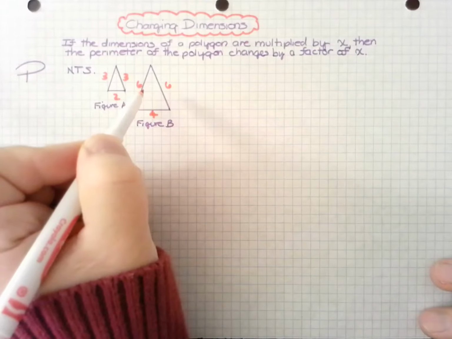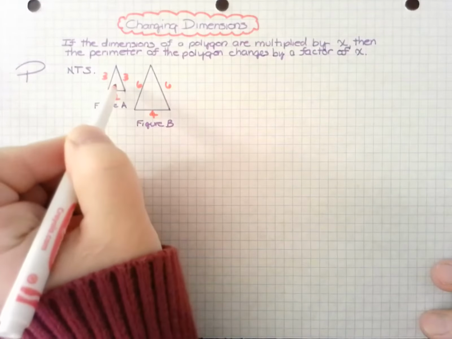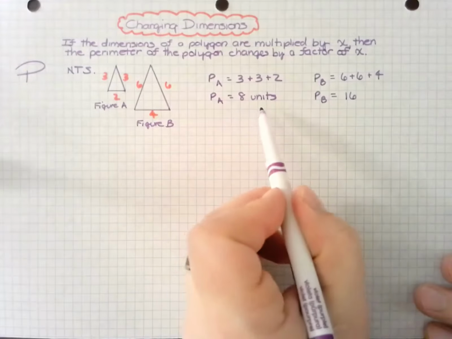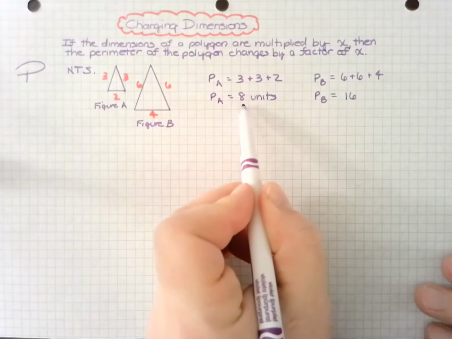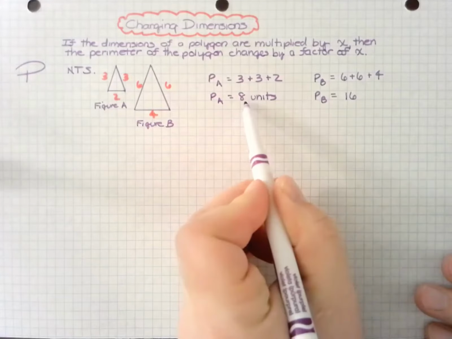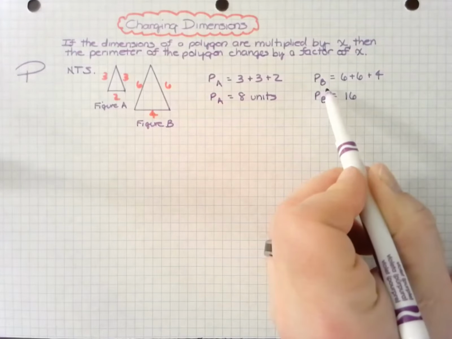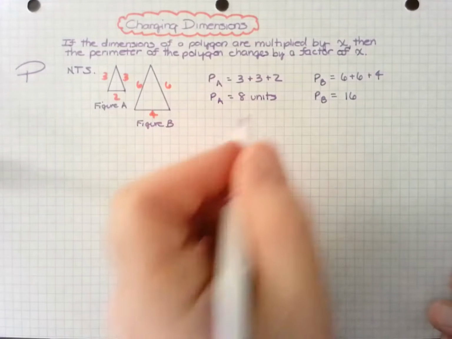And so therefore, the perimeter of A times 2 should equal the perimeter of B. So notice how from figure A, if I add these sides together, I get 8. And when I add the sides together for the perimeter of B, I get 16.